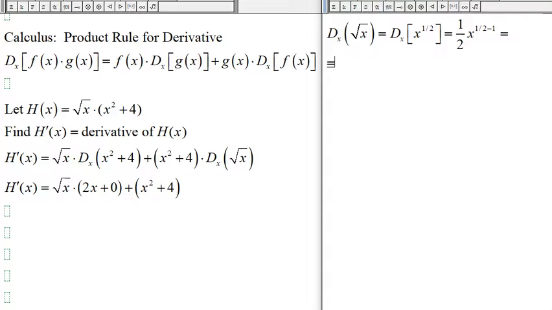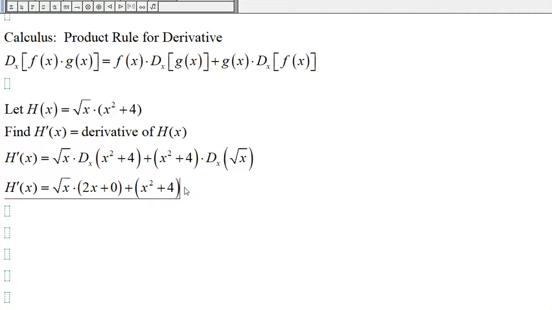And this will be 1/2, and then x to the negative 1/2. A half minus 1 is negative 1/2. And so, with the derivative of the square root of x, we get 1/2 x to the negative 1/2.